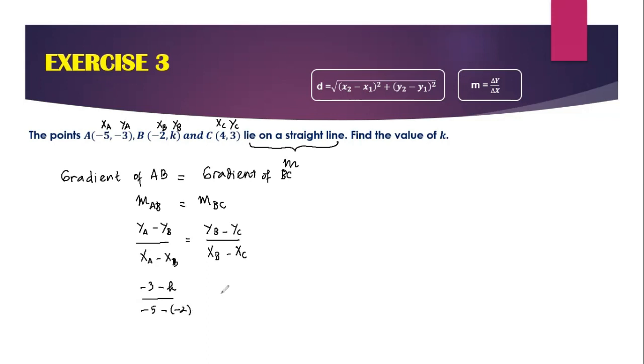Clear to you? Equal. Yes, sir. Okay. YB K minus YC 3 over XB minus 2 minus XC 4. Is it correct, everyone? Yes, sir. Did I make a mistake? No? I don't think so, sir.